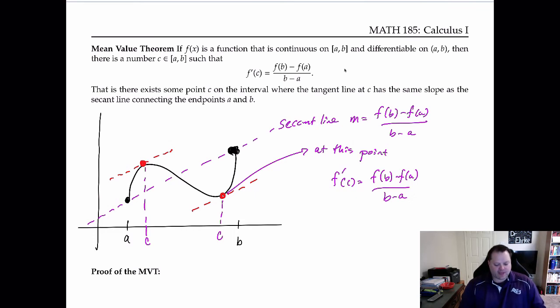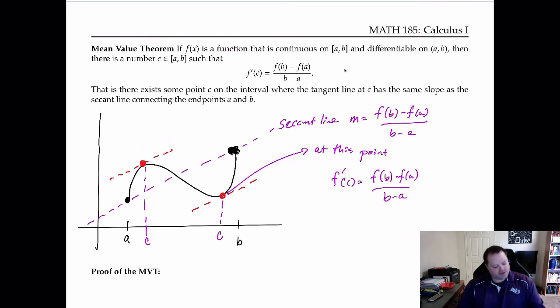If I have an average of 60, you can't have an average of 60 by having speeds less than 60, right? So you have to have at least some values that are above 60. Well, now if you have some values that are above 60, you have to have some values that are below 60 so that the average is 60.